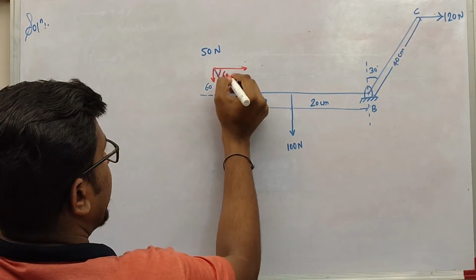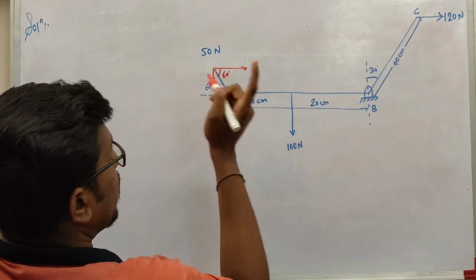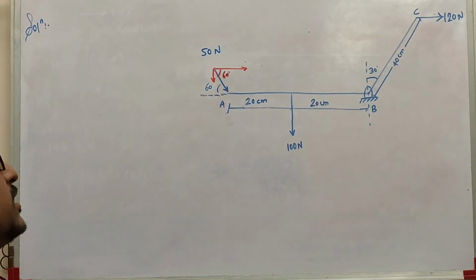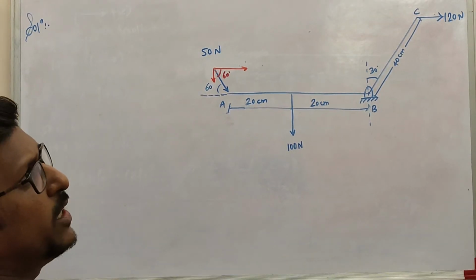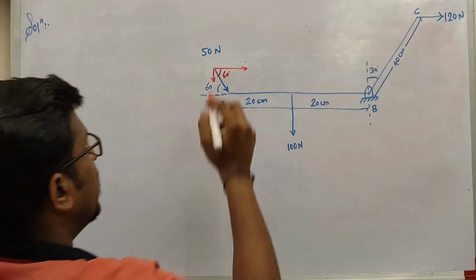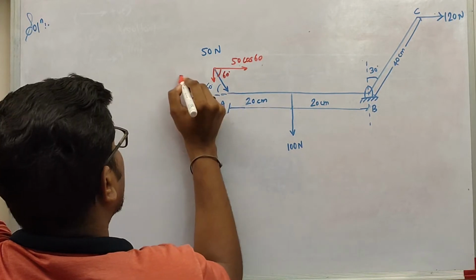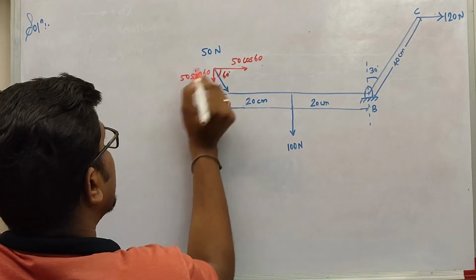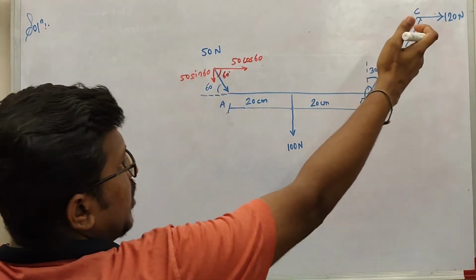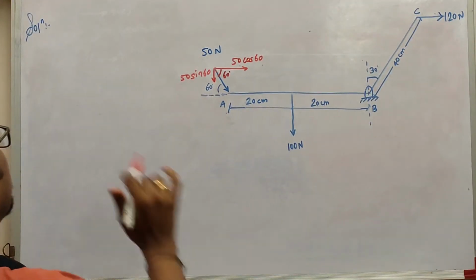So we'll make an alternate angle, and in the last video I said that the angle making with the horizontal component or vertical component will be the cos component. So this is 50 cos 60, 50 sin 60. This is a vertical force and that is a horizontal force, so no need to change.